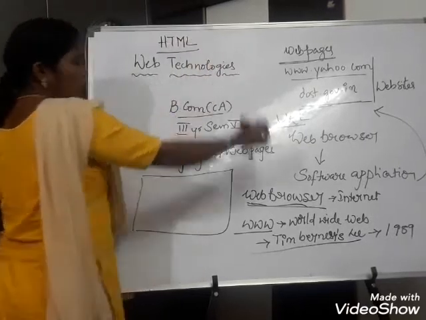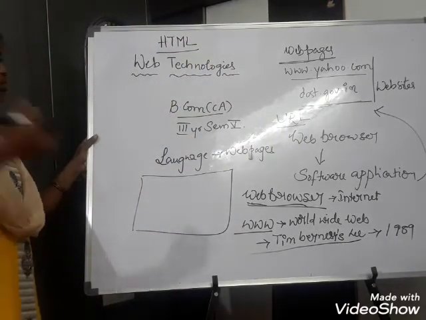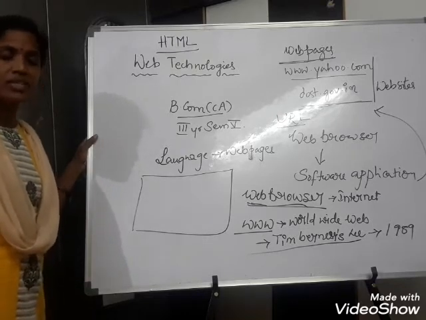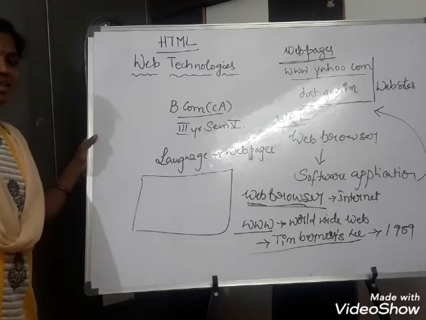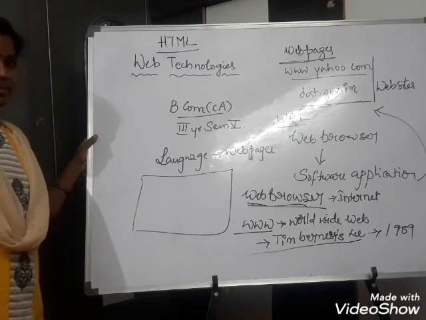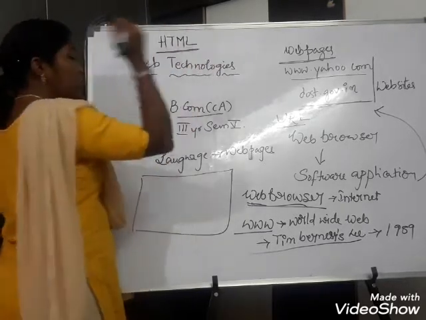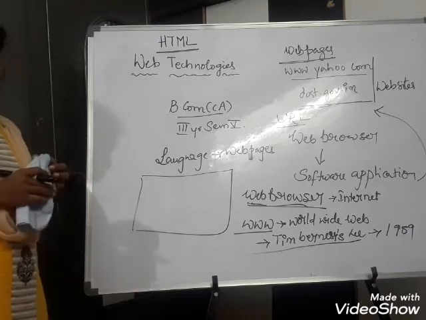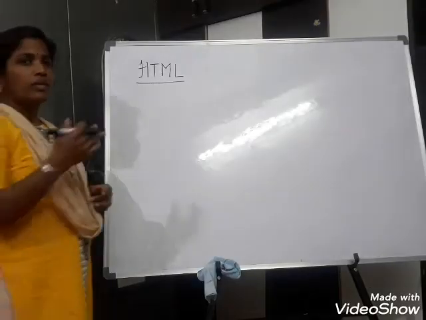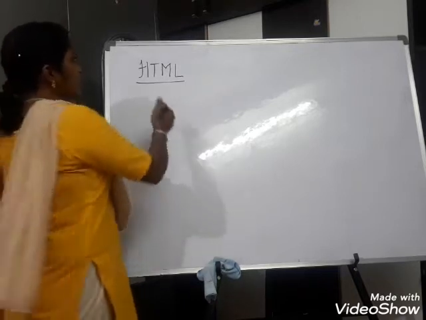It sounds very new and it is very new to us, whereas this is much easier than the C and C++ you learnt in second year. It is much easier than learning the normal C and C++ language. So we are starting with HTML.